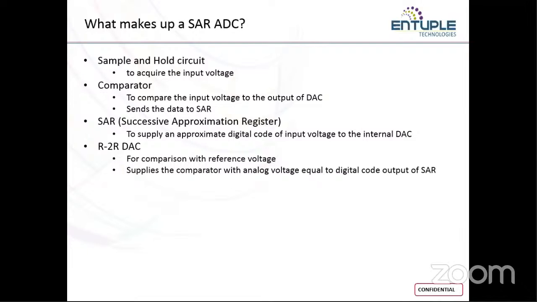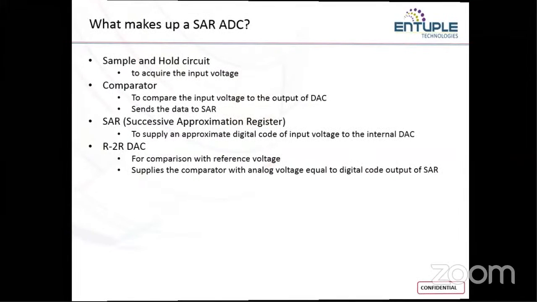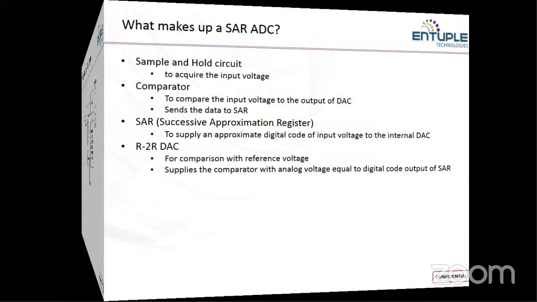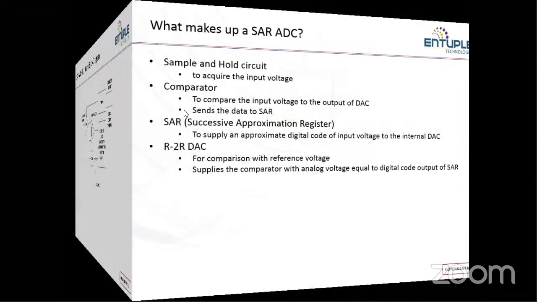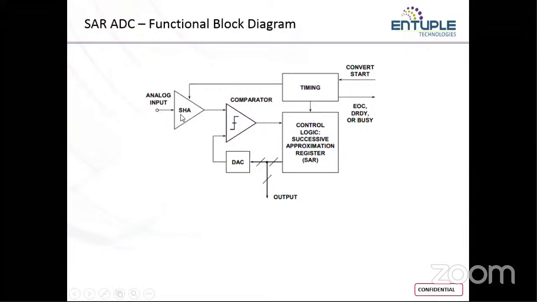So what does the digital to analog converter do? It compares the voltage with the reference and gives the output to the comparator. It acts like a feedback loop. So the sample and hold circuit gets the input and sends it to the comparator. What does the comparator do?